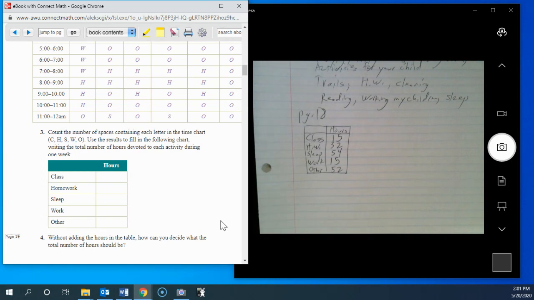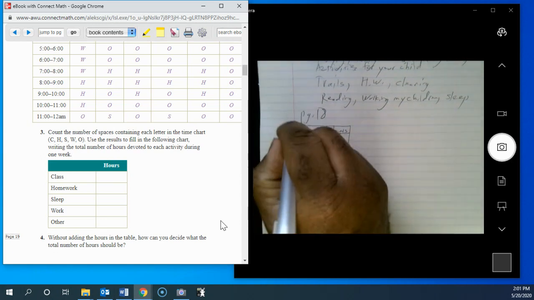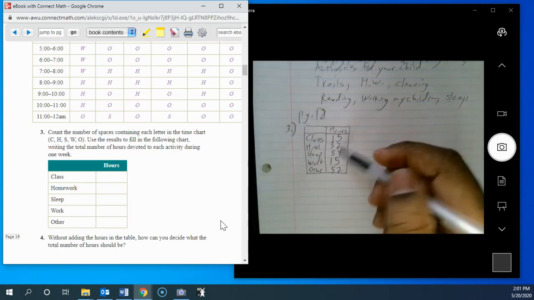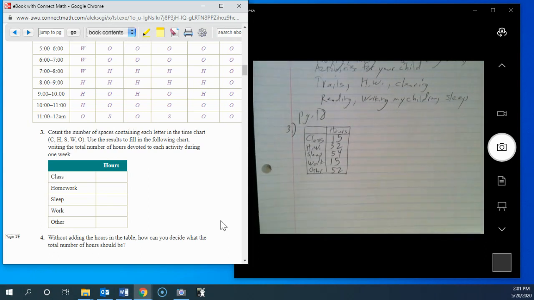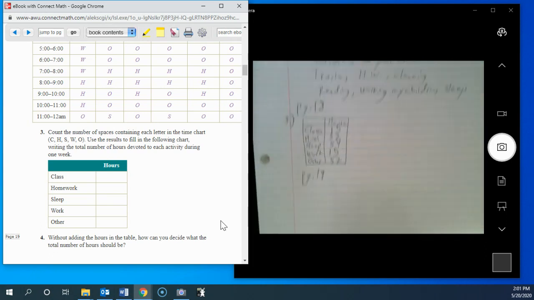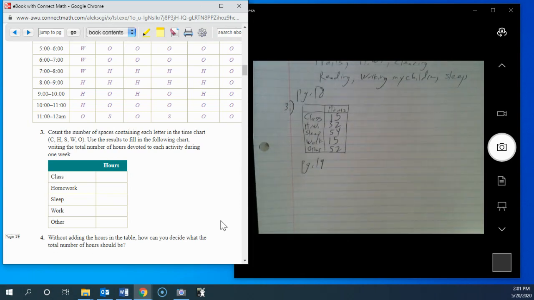Okay, now we're going to take this information and do problem number 4, which starts on page 19. It says, without adding the hours in the table, how can you decide what the total number of hours should be? How would you decide that for the total number of hours for a week without adding up the table?